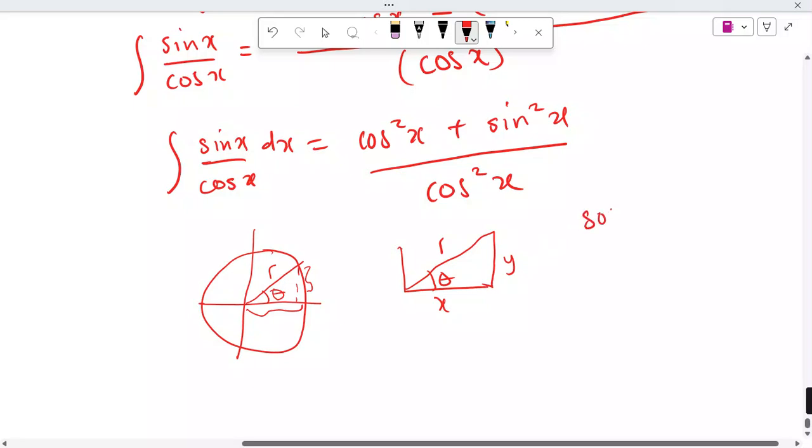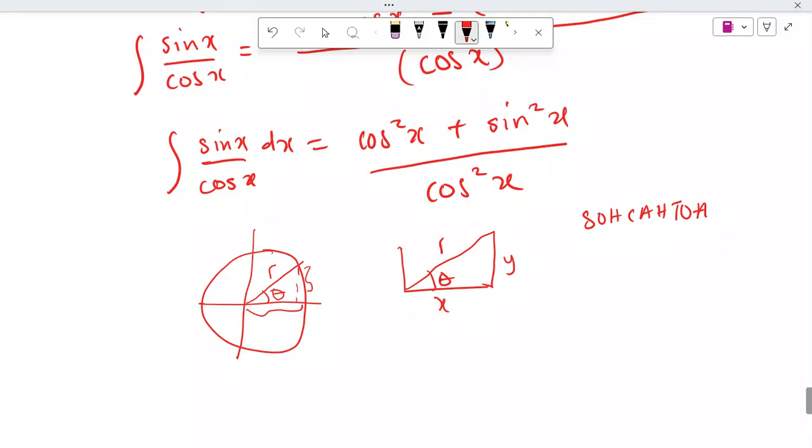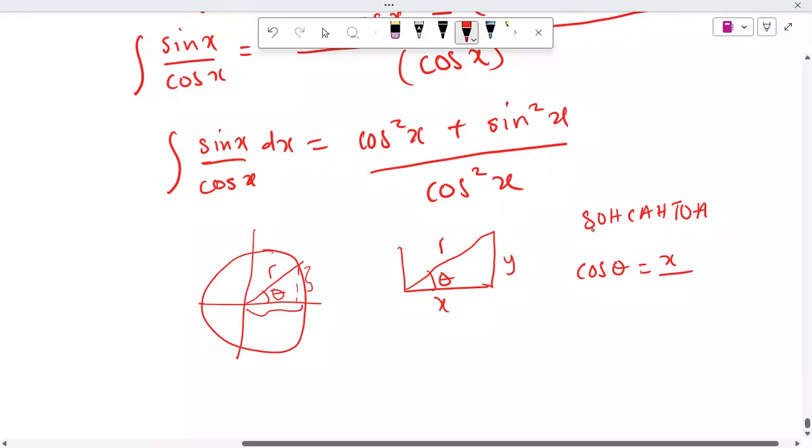From SOHCAHTOA, if you want to find x, what is x in relation to this angle? X is adjacent. So our hypotenuse is r. So if you use cos theta, adjacent is x over hypotenuse r. So you have x equals r cos theta.